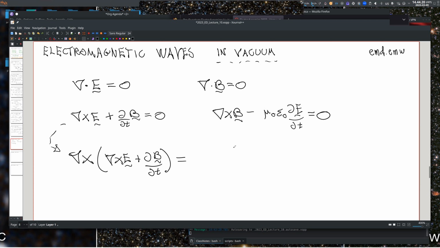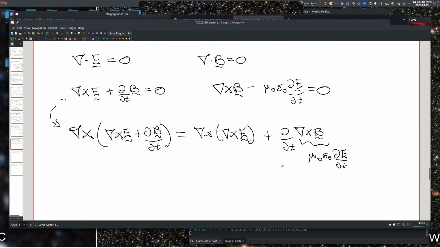So what does that give me? First of all, let's do it step by step. Curl of E, and then I'm going to have a d dt of the curl of B. Okay, so you've seen this one already. This is just going to give me mu 0 epsilon 0 dE dt. So this whole second term here just becomes mu 0 epsilon 0 second derivative of E with respect to t.